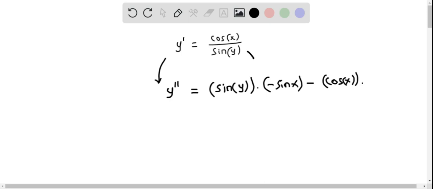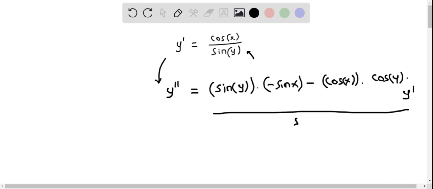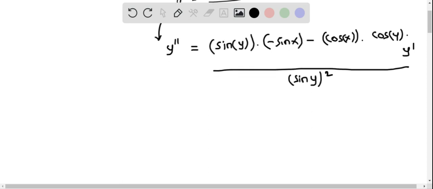We have to find its derivative. Derivative of sine y is cosine y, and then we have to use the chain rule to find the derivative of y, which is y prime, and this is all over the square of the denominator function, that is sine y quantity square.